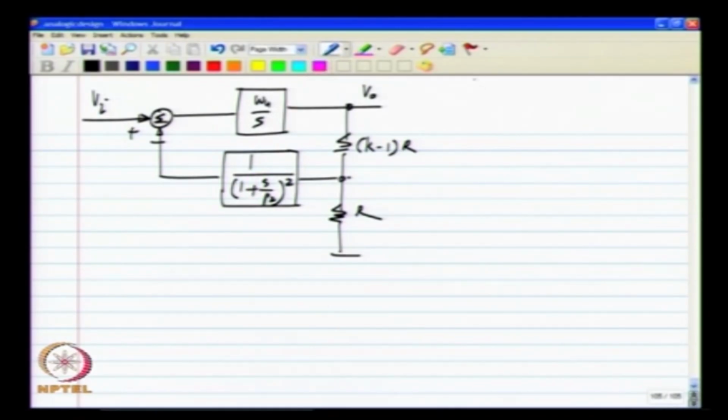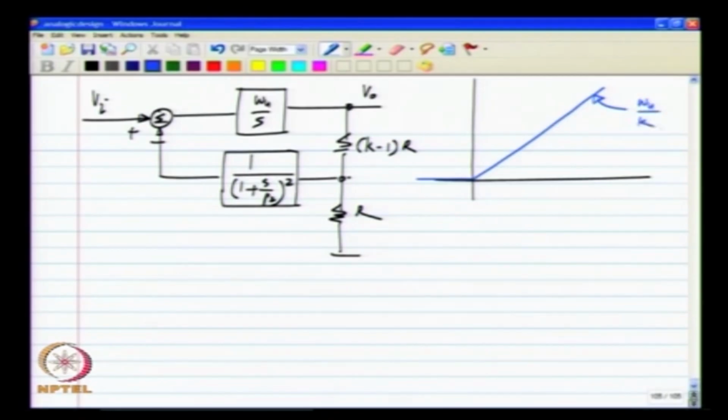So, what happens in this case is the step response without the parasitic pole of the loop gain will be a ramp whose slope is omega u by k, and with this parasitic delay it will initially do something, but finally settle to a ramp with the same slope and a delay of 2 over P 2.